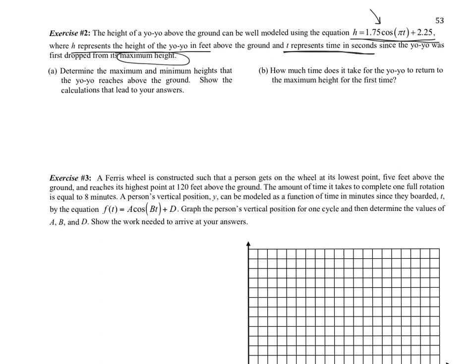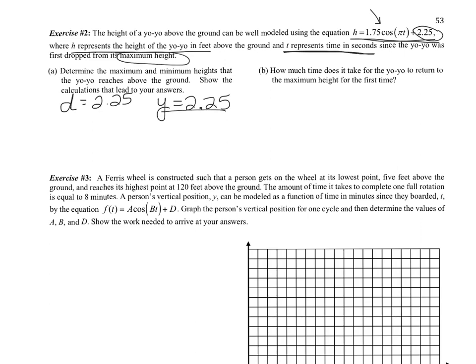First, we're going to determine the maximum and minimum heights that the yo-yo reaches above the ground. So to do this, we first need to find the midline from our equation. So the d value we know is equal to that number added at the end, and that is the midline. So I'm actually going to write y equals 2.25 for the midline.